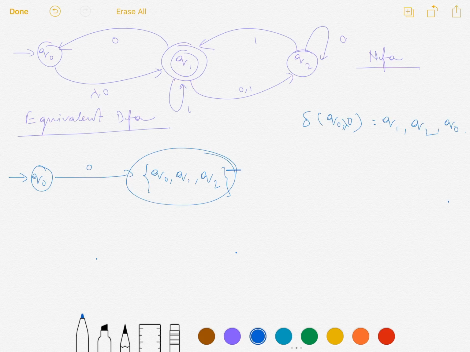Now, let us check what will happen if I give Q0 1. Q0 1 directly is not there, but lambda 1 is there. So, if I give lambda 1, it is going to Q1 as well as Q2. If I give lambda 1, it is going to Q1, and again if I give lambda 1, it is going to Q2.